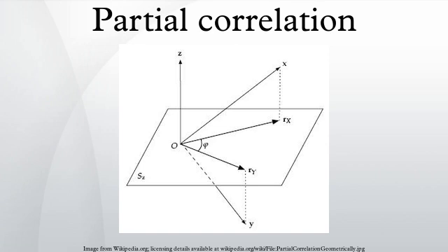Computation using linear regression: a simple way to compute the sample partial correlation for some data is to solve the two associated linear regression problems, get the residuals, and calculate the correlation between the residuals. Let X and Y be, as above, random variables taking real values, and let Z be the n-dimensional vector-valued random variable.